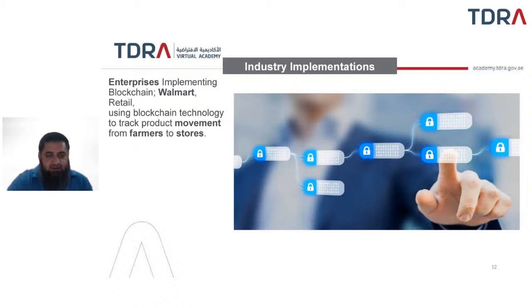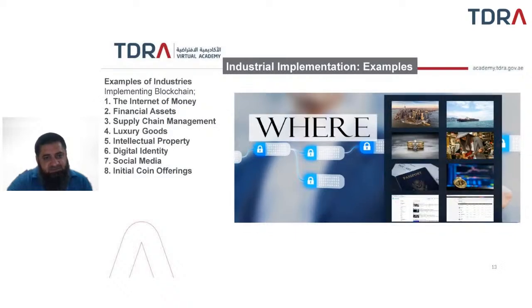It is also used by enterprises where blockchain is being implemented, and one of the biggest examples is Walmart, where the application can be implemented because it follows a big chain of items that are received from different suppliers and kept in different stores.